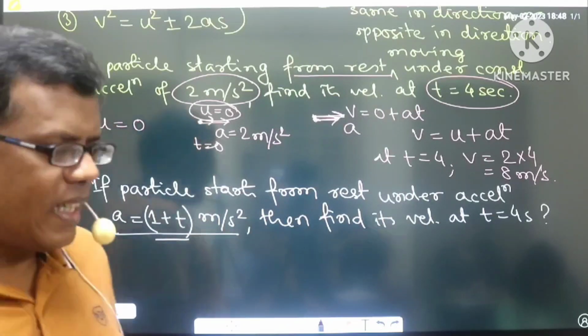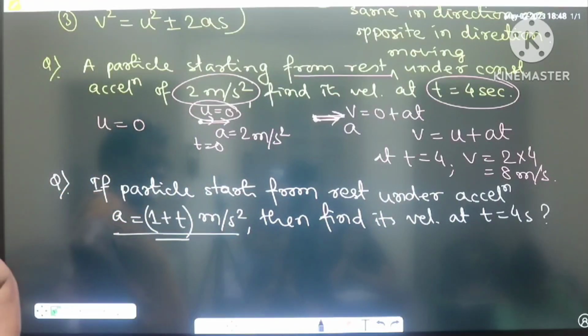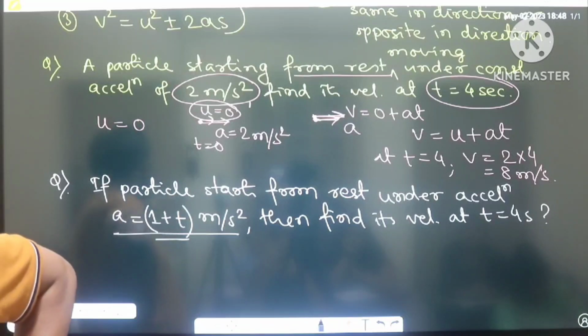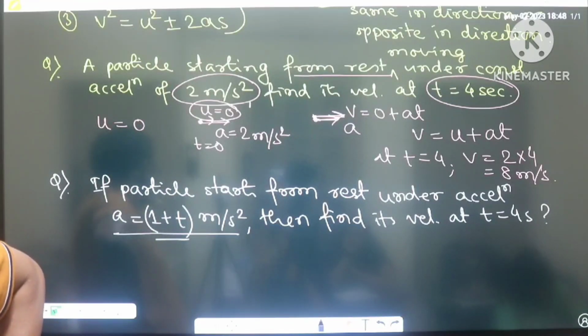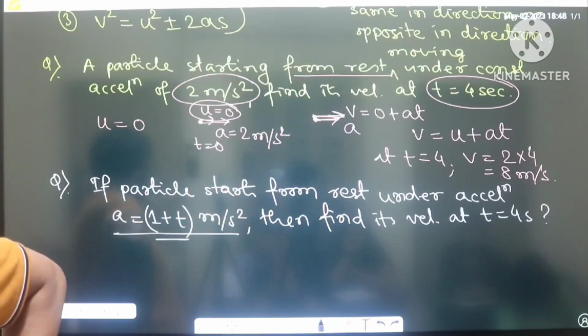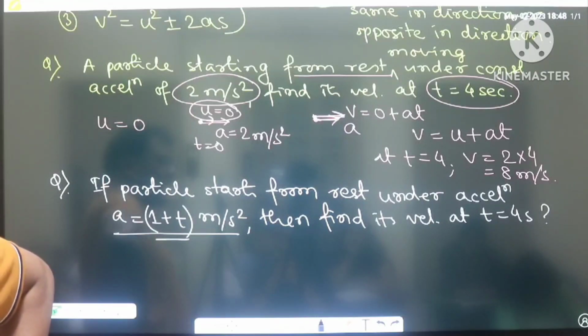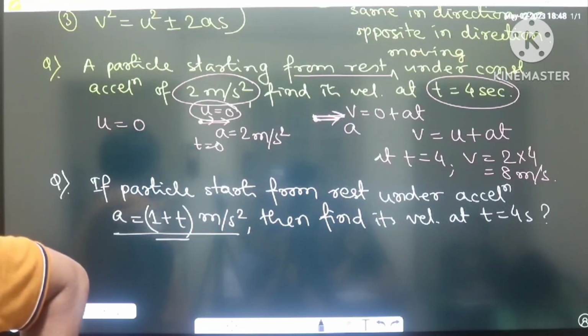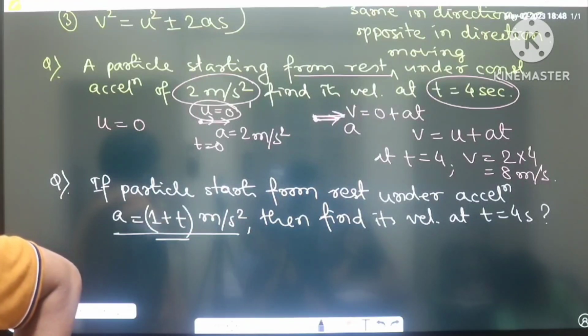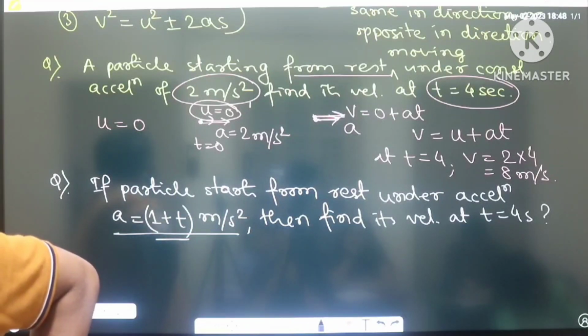So being acceleration is variable, then variable in magnitude, even though I consider it remains same in direction throughout the 4 second, its magnitude is variable. Can we use v is equal to u plus at to know the velocity at t equal to 4 second? Answer is no.